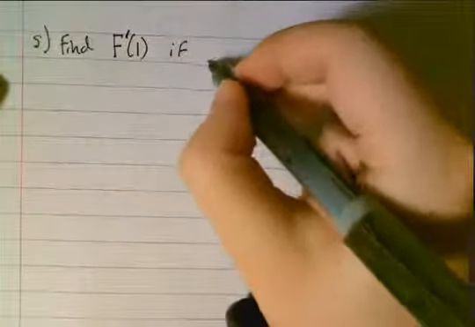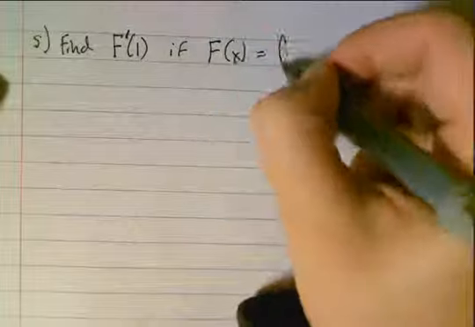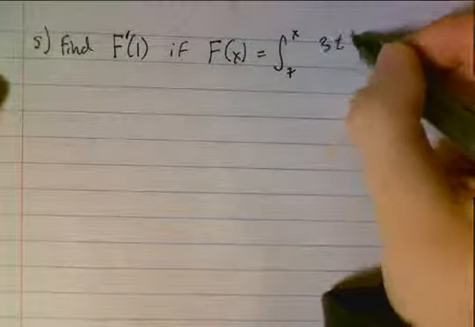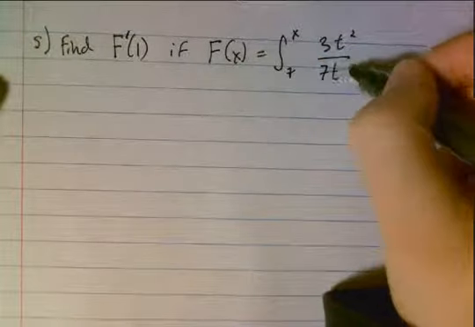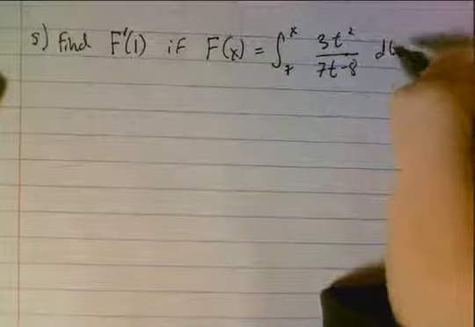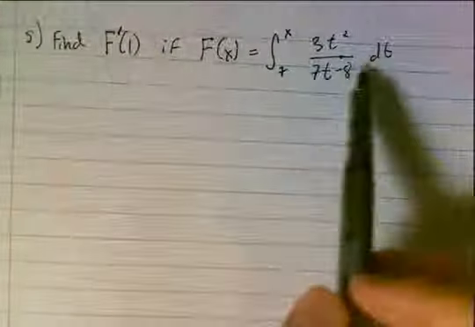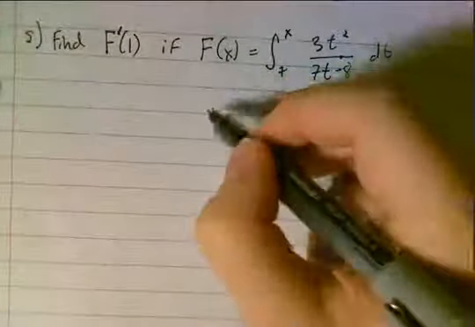We can also use that property if we are finding the derivative at a particular value of x. This is our final problem. Find f prime of 1, if f of x equals the integral from 7 to x of 3t squared over 7t minus 8. It looks like it might be doable to find the antiderivative of that, but we don't have to, because we're taking the integral and then taking the derivative again.